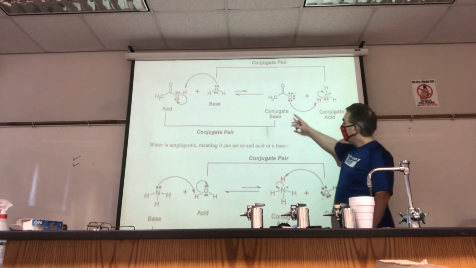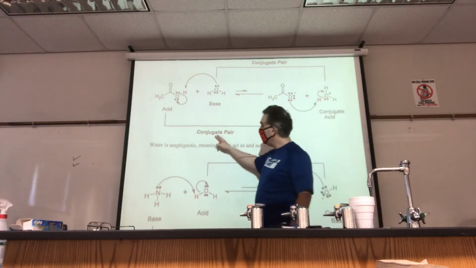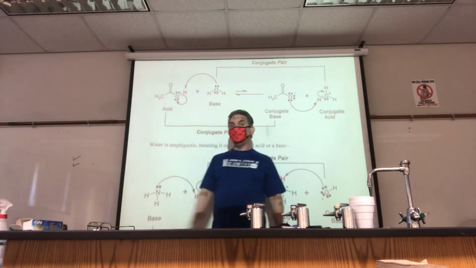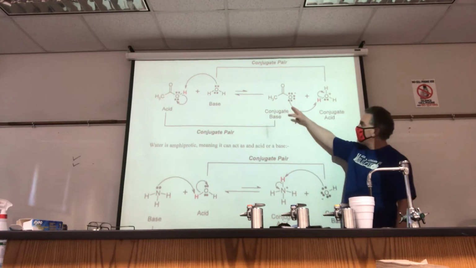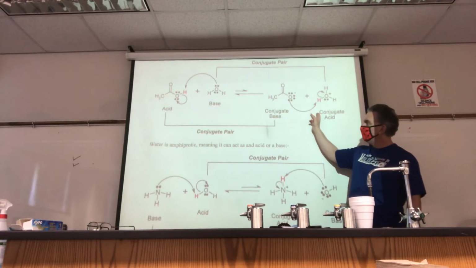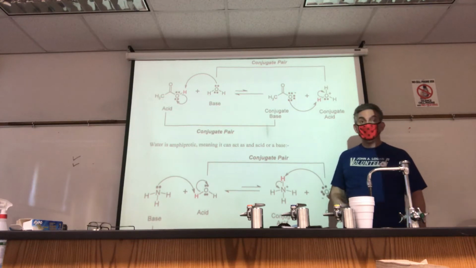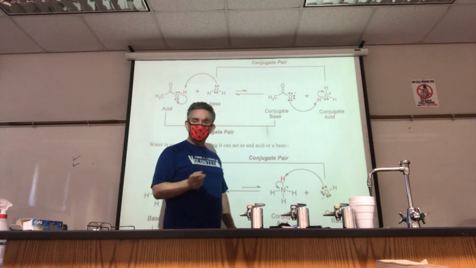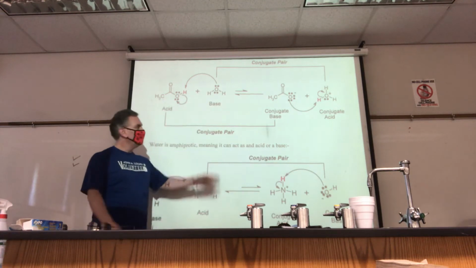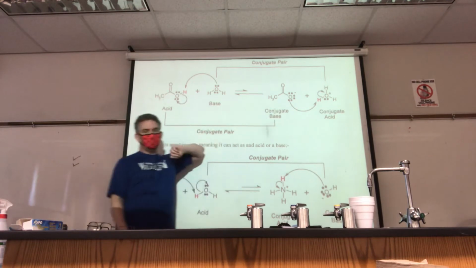The chemical that gave away the proton, which we consider to be the conjugate partner of the acid, now has the role of picking that proton back up, taking the action that we expect for a base. So over that reversible system, we see these conjugate pairs which only differ by the presence or absence of a proton.